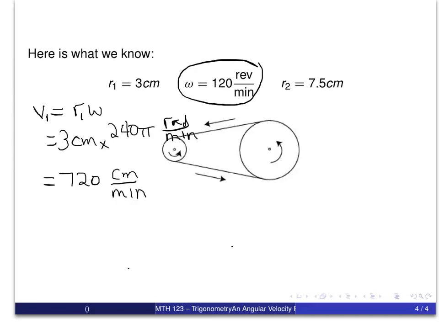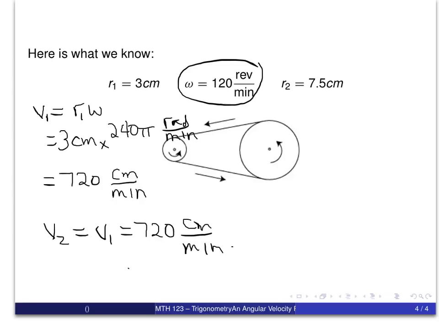And of course, what that means is that's also the linear velocity for the larger pulley. And so for the larger pulley, we will see that we have V2, which is V1, which is also 720 centimeters per minute.